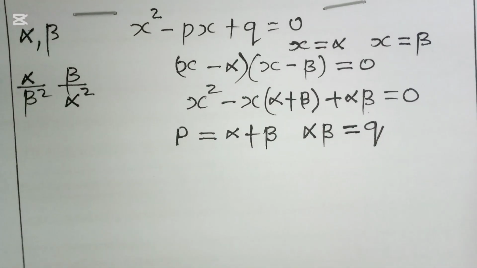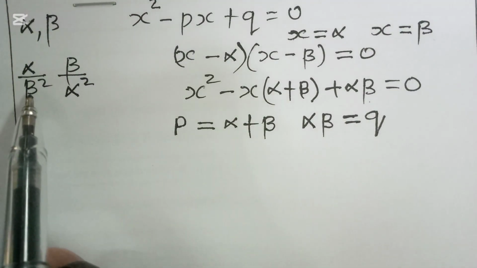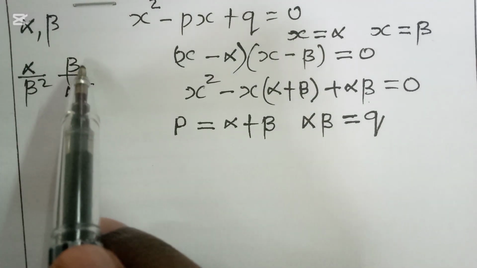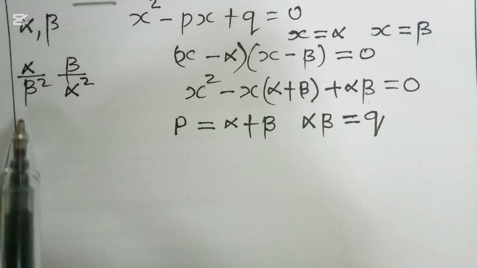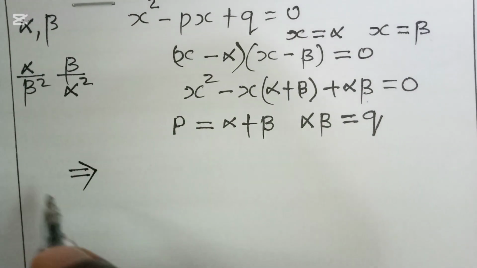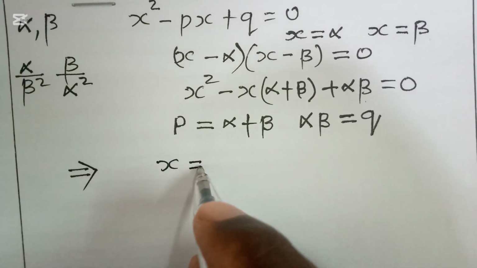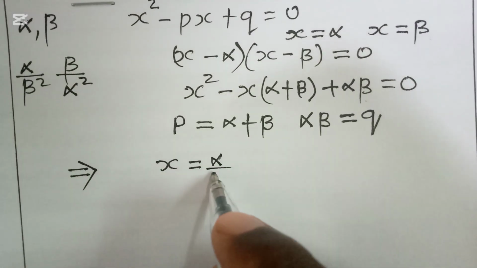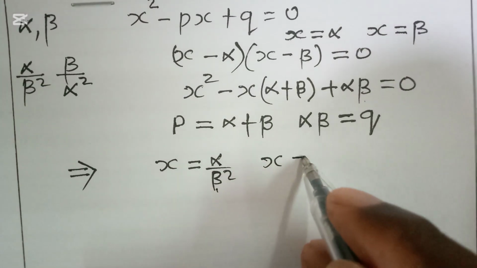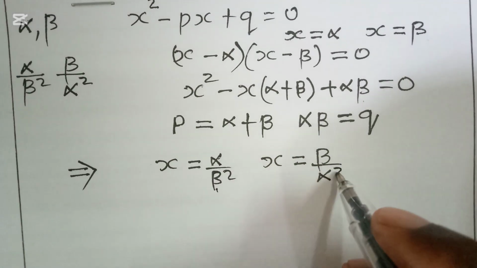Guys, we now come to whatever we are asked here, to find the equation having these as the roots of our equation. And so therefore guys, we still do likewise. We begin with x is equal to alpha over beta squared, then x is also equal to beta over alpha squared.